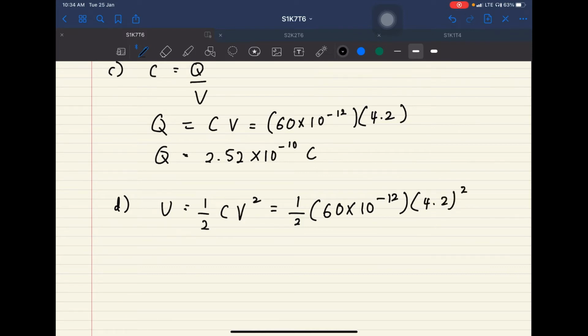Don't forget to put the square. Times half, here 5.29. And since this one is energy, it will be in joule.